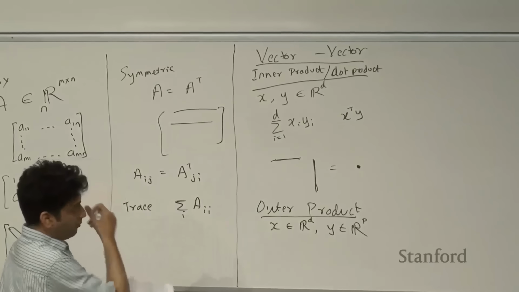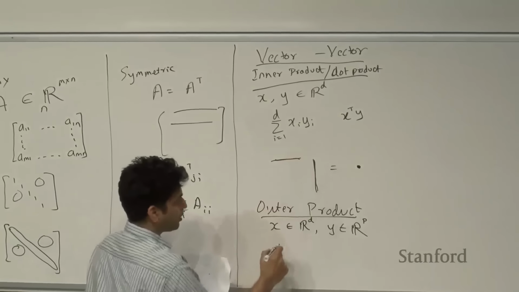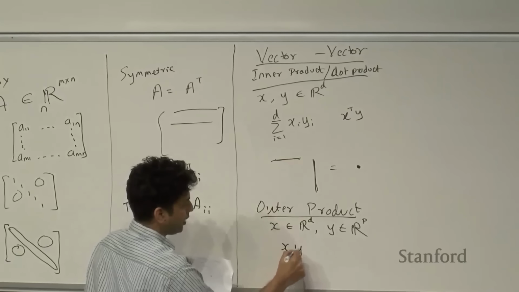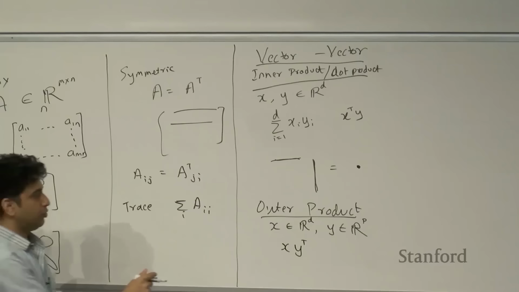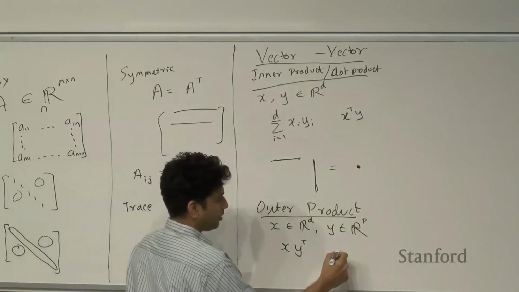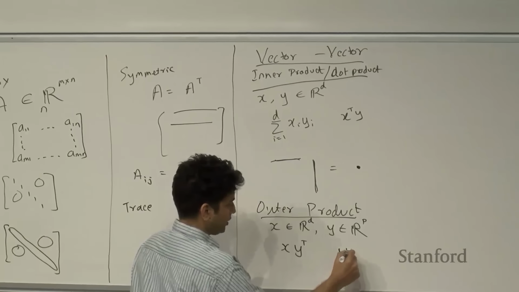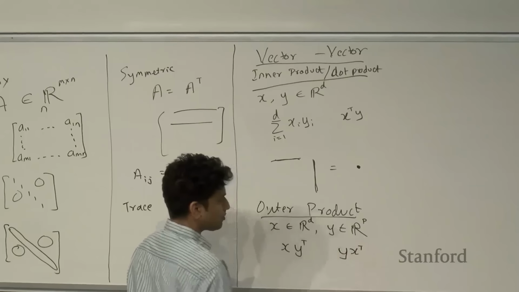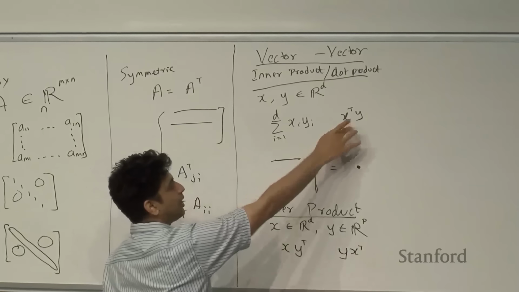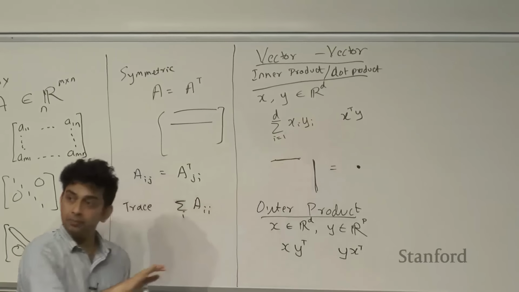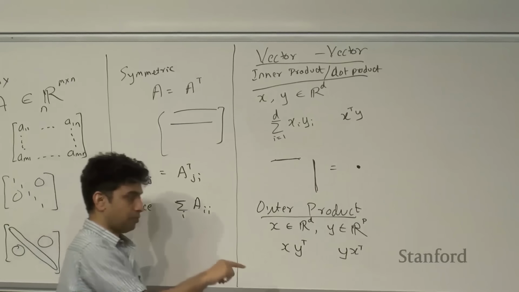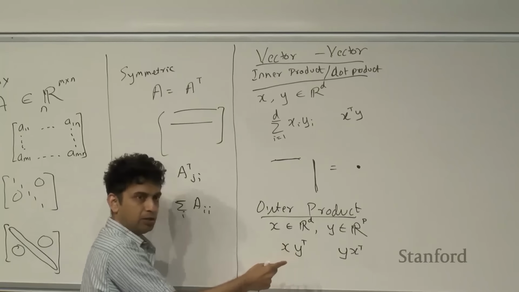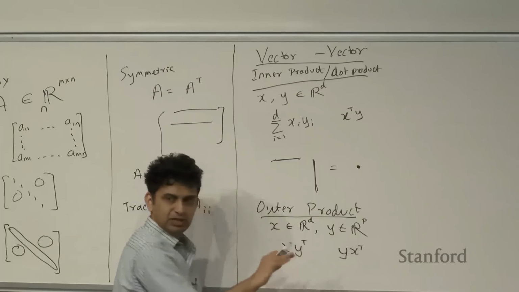Mathematically, we write the outer product as x y transpose. You could also have a different outer product, which is y x transpose. For the inner product, x transpose y and y transpose x were the same, so you could switch the order, but for outer products, if you switch the order, you get something a little different.